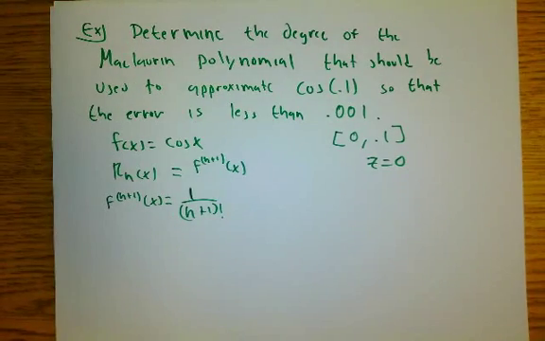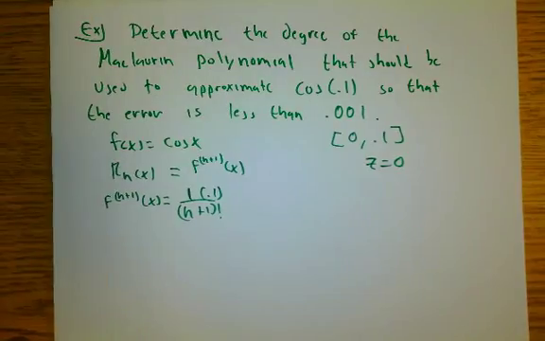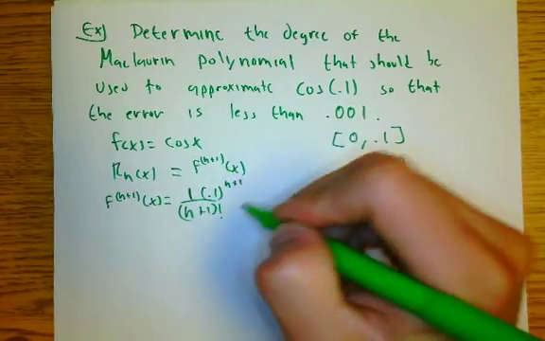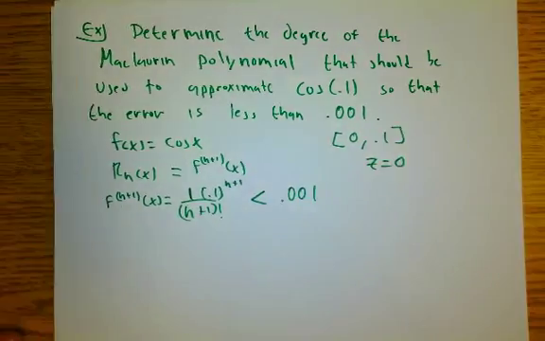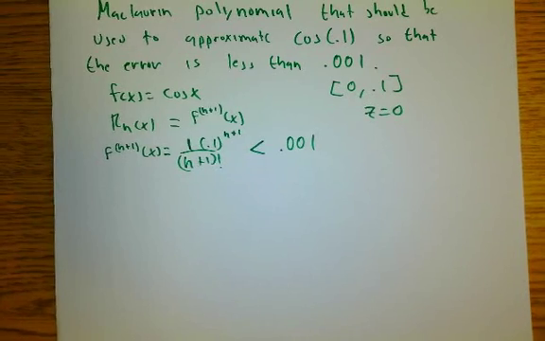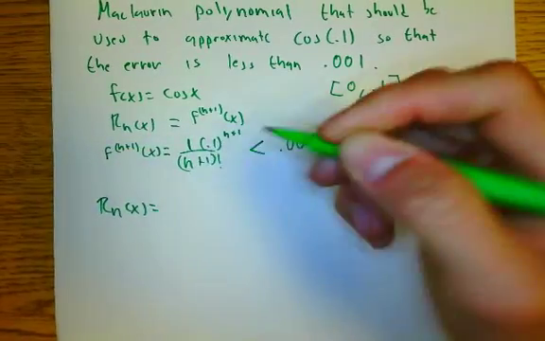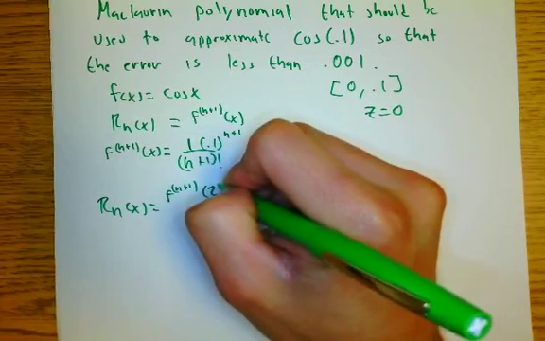Okay, let me make sure I did not lose anyone here. Remember that this is equal to f of n plus 1 of z, over n plus 1 factorial, times x minus c to the n plus 1. So we just found what we use as the z value, and we said that the cosine of 0 is 1.